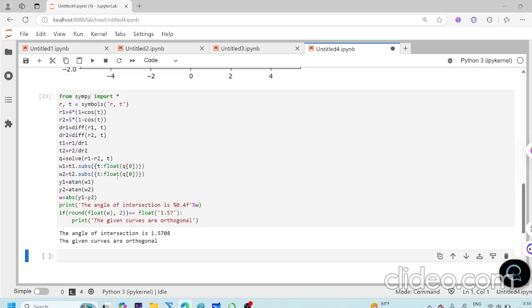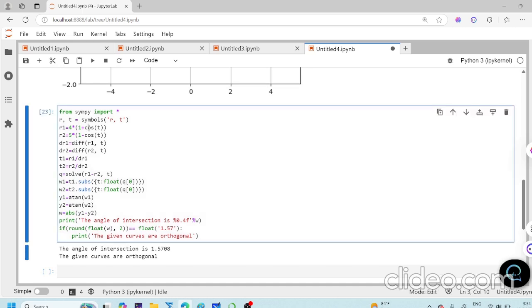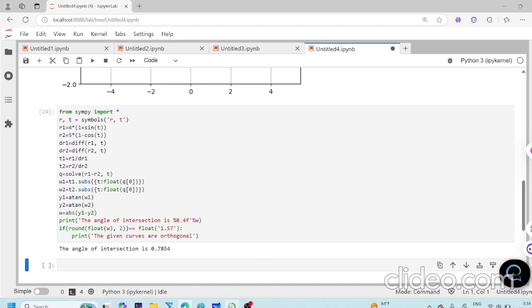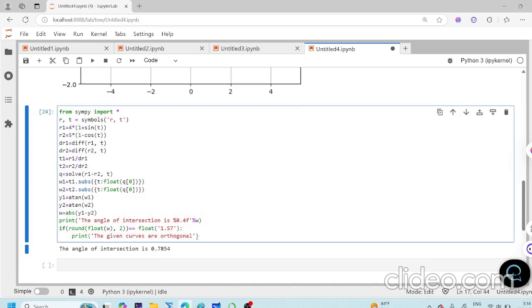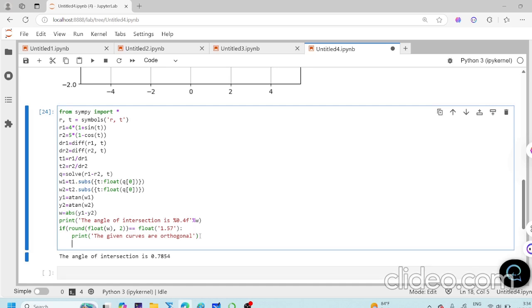If you take, instead of cos here, let me take sine, and execute it. Then the angle of intersection is 0.7854. Now it is not saying anything about orthogonality. So I can add one more line if you wish.